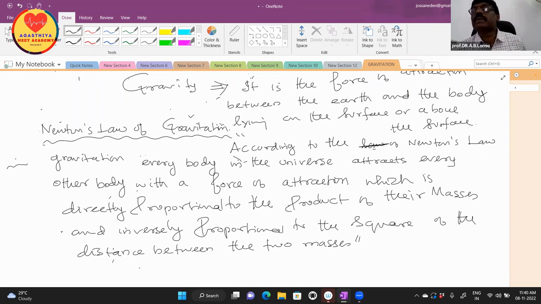This is the statement of Newton's law of gravitation.